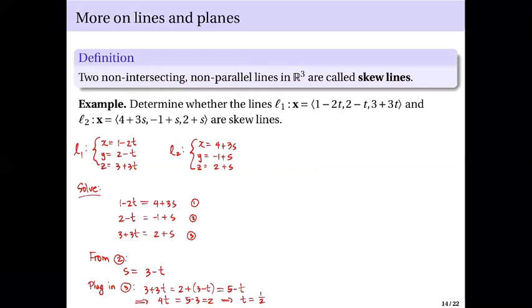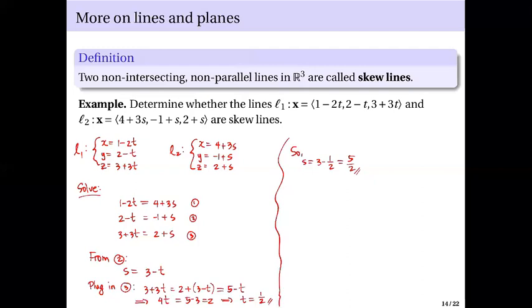Okay, following. If t equals 1/2, we solve for s. So, s is equal to 3 minus t, which is 1/2. So what is this? 5/2. S equals 5/2. So we have a value for s. We also have a value for t.